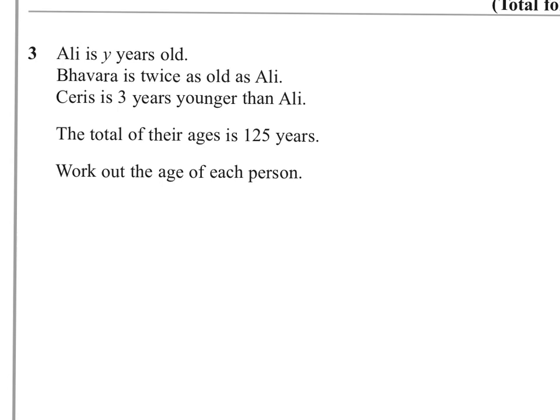Question 3, it says Ali is y years old, and Bavara is twice as old as Ali, so that would mean that Bavara would be 2y, or 2 times y, years old.